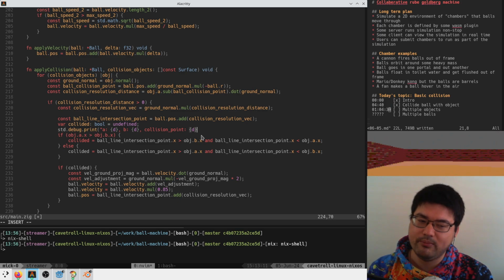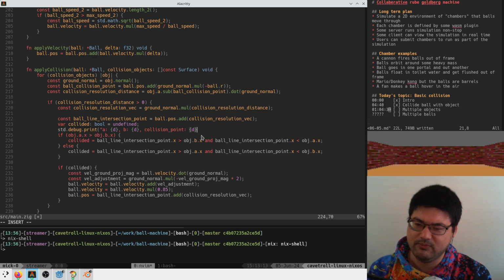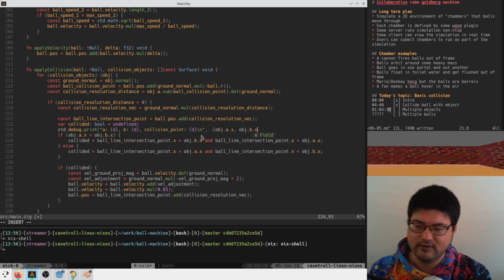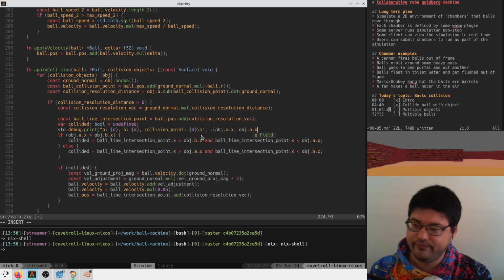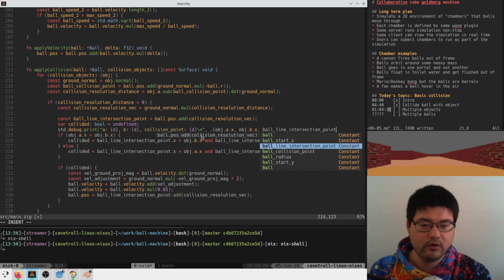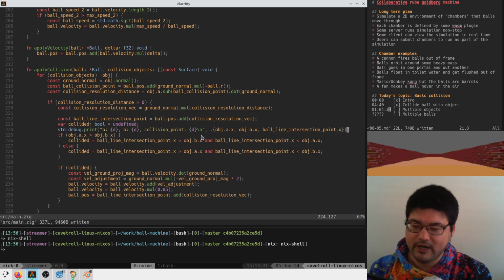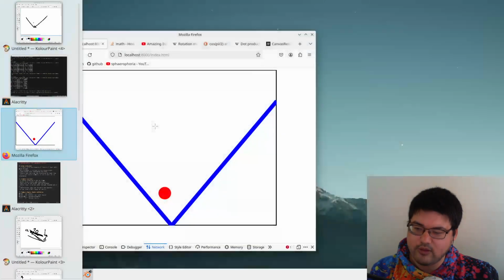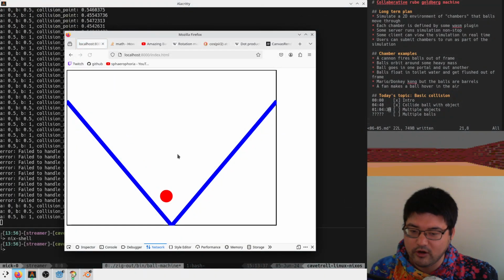Like if we're right above A, then there's maybe some degenerate math there. Oh, let's see. Obj A x, obj B x, and collision point. Someone's betting that the collision response pushes it through the other wall, but I would think that it would push back and forth forever.